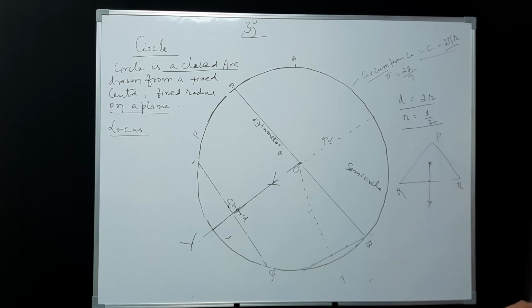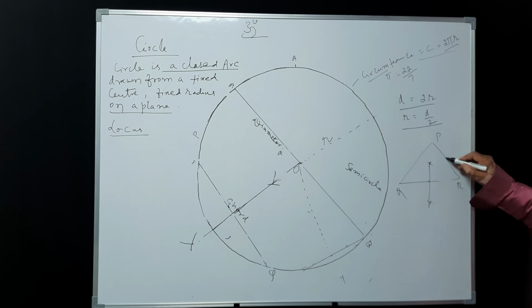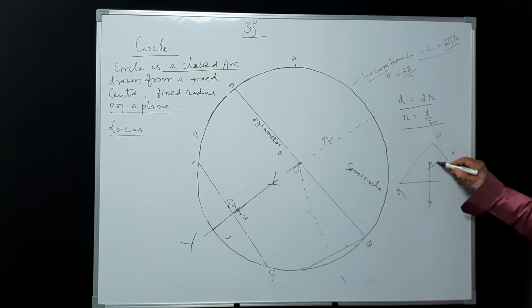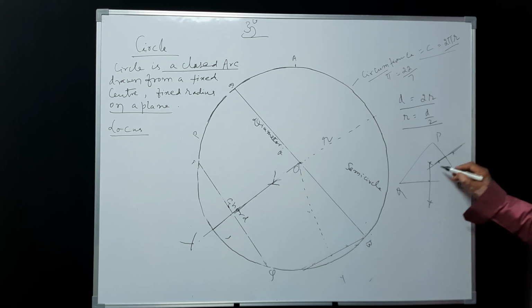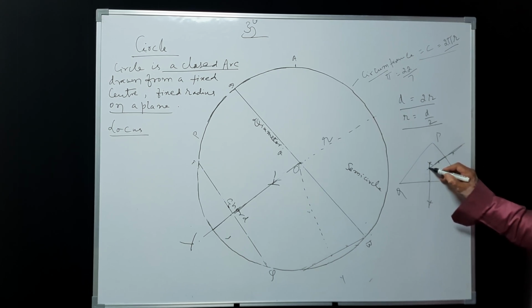We'll get one bisector. Again, draw the perpendicular bisector of the second side of the triangle. You will get it like this. Then join these bisectors. They will meet at a point. That becomes the center.